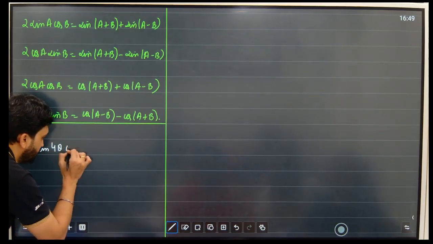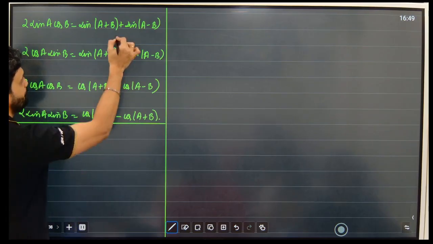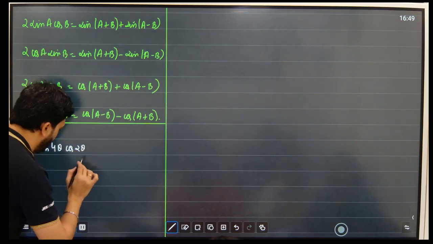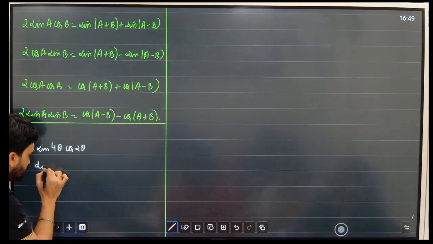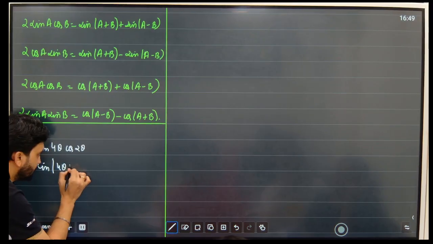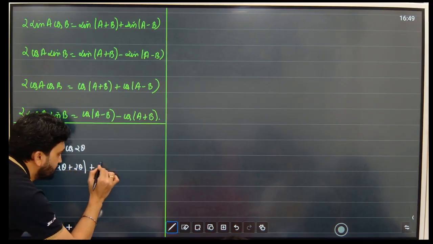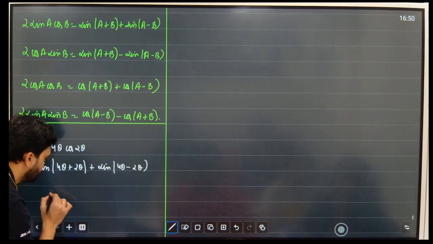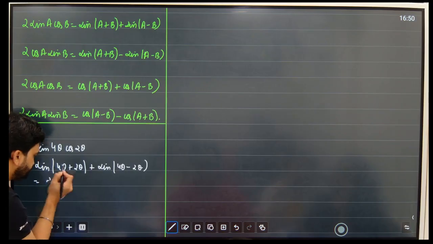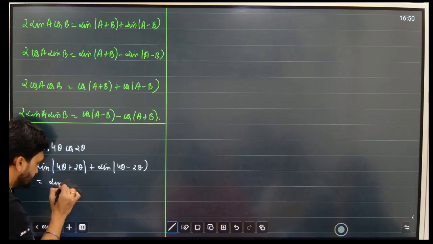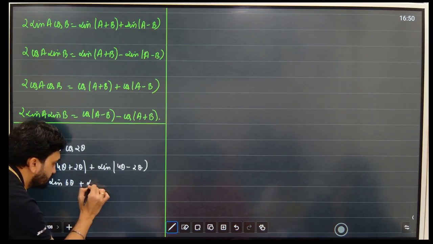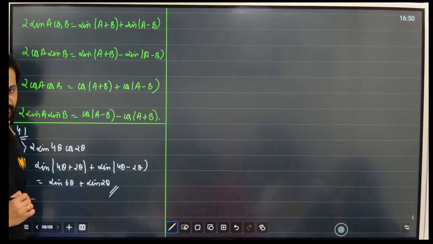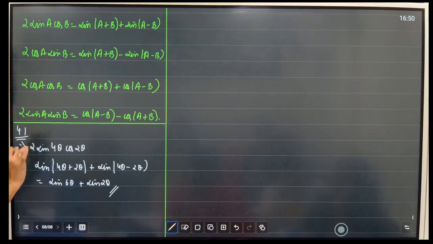If I compare, it looks like 2 sin A cos B. The formula for 2 sin A cos B is sin A plus B plus sin A minus B, which is equal to sin 6 theta plus sin 2 theta. Have you understood this? I've just used the formula directly.